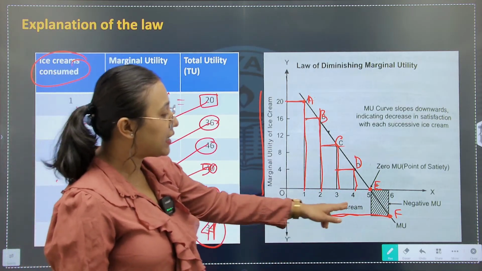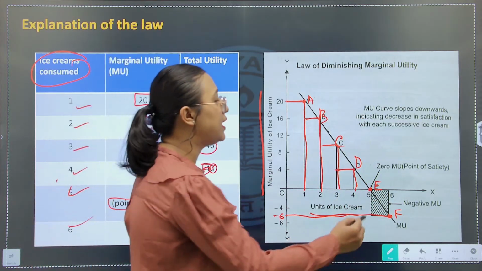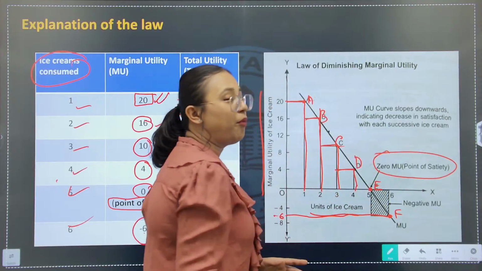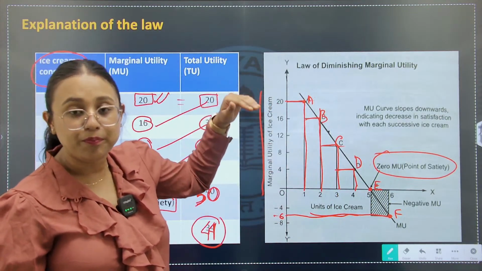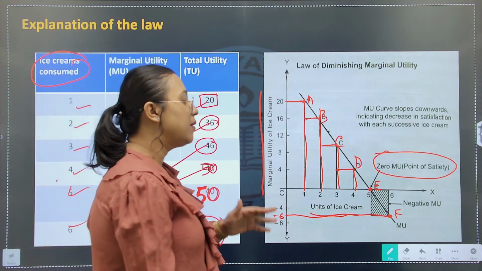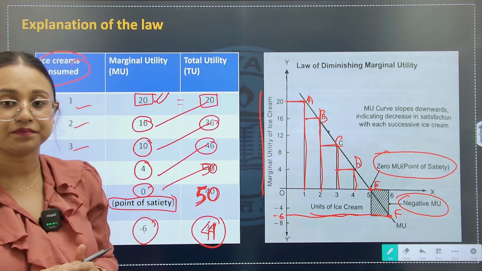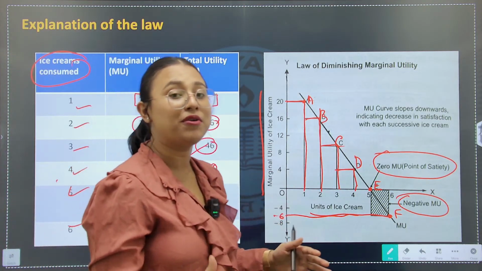Right? At one point it will become 0, the point at which marginal utility becomes 0, what do we call it? We call it the point of satiety, and beyond that point of satiety, marginal utility becomes negative. Beyond the point of satiety, the marginal utility becomes negative. So, this is all about the law of DMU.